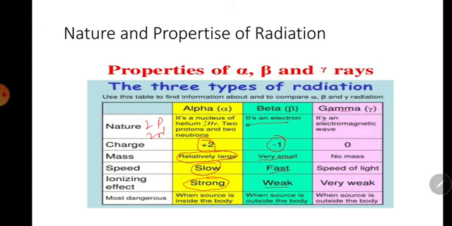Gamma rays are an electromagnetic wave. They have wave behavior more than particle behavior, although they have dual nature. Neutral, massless, travel with the speed of light, ionization power is less, and dangerous when the source is outside the body.